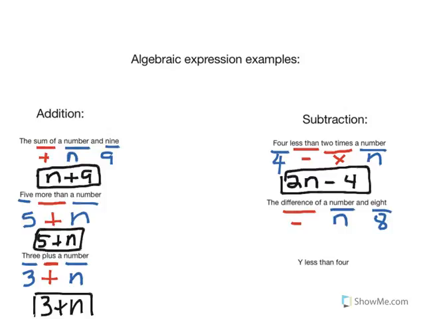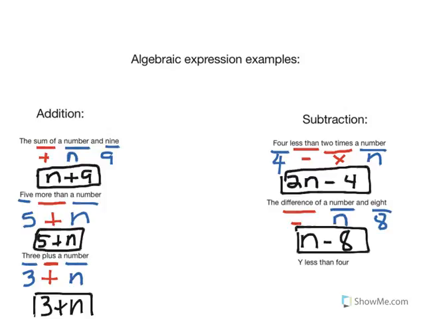Okay? So we're going to end up getting n minus 8. The difference of a number and 8 indicates that the n is first subtracted by the 8.